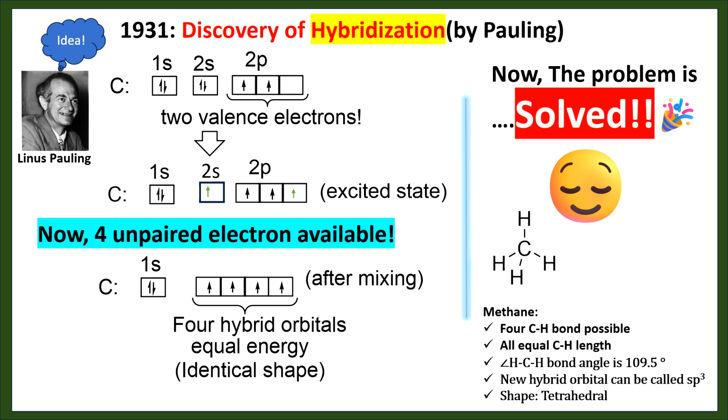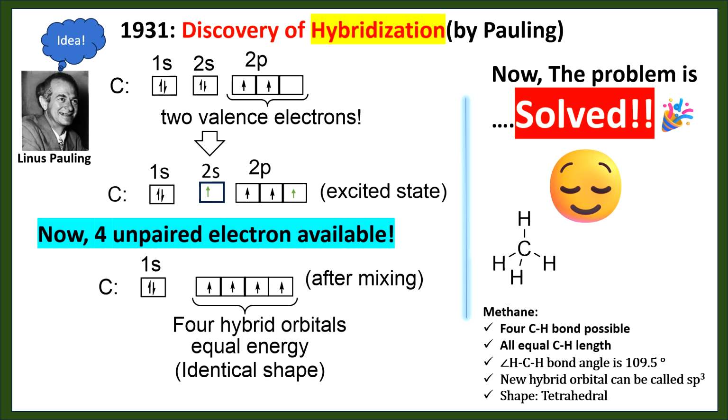And so now the problem is solved. Hooray! It's a great relief. Now it can explain methane: 4 C-H bonds are possible, all C-H lengths are equal, and the H-C-H bond angle is 109.5 degrees. The new hybrid orbital can be called sp3 as one s and three p get mixed, and the shape is tetrahedral.